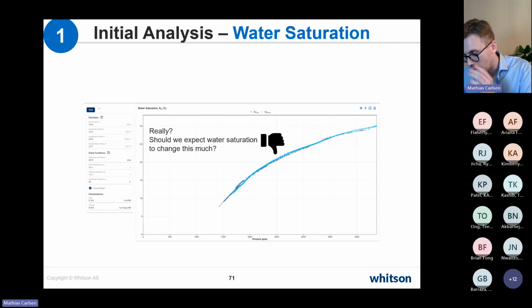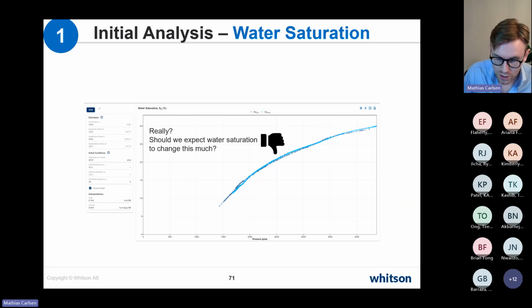Then you need to make a couple of reminders. So water is very incompressible. So water can be only produced by 2 different mechanisms, and it's displacement, which this is not, and it's expansion. So your water saturation, if you actually run these models like a synthetic model and stuff, should actually not change very, very much.